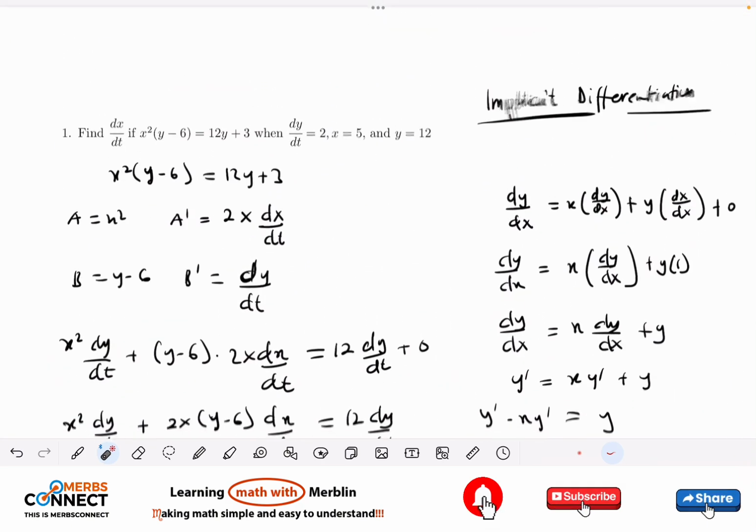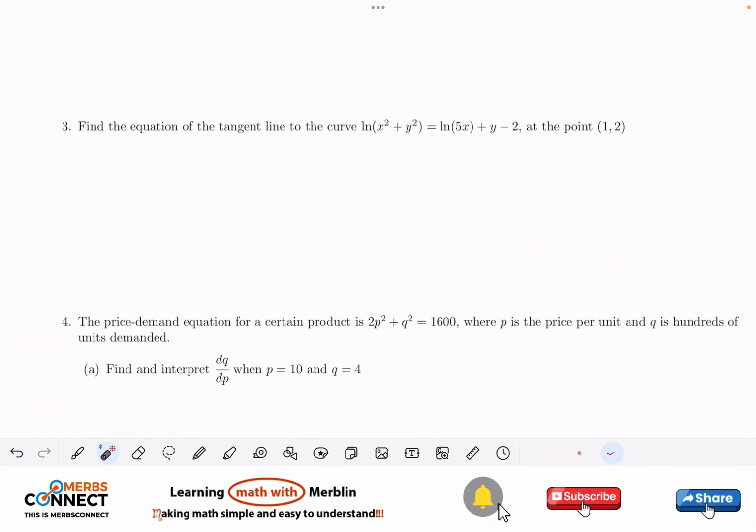All right, so now let's look at 3. 3 again. 3, 2, we want to look at the equation of the tangent. So we just learned that the equation of the tangent is y minus y1 is equal to m times x minus x1.